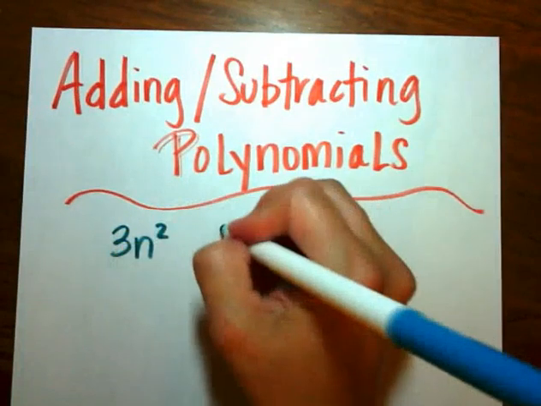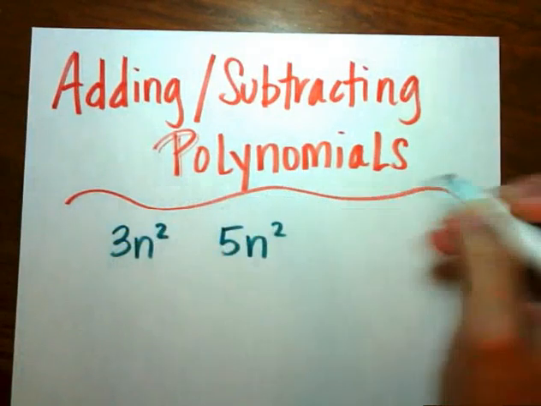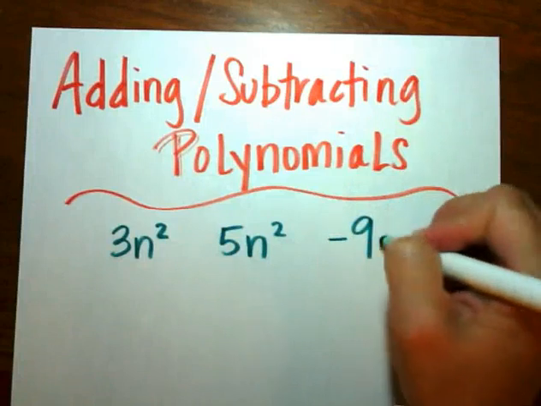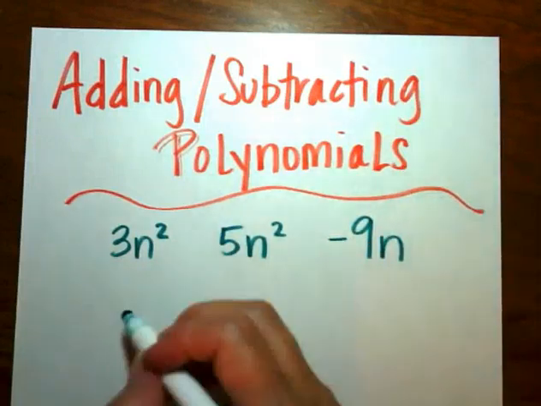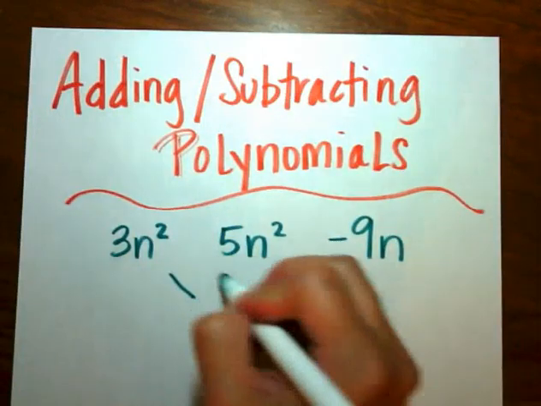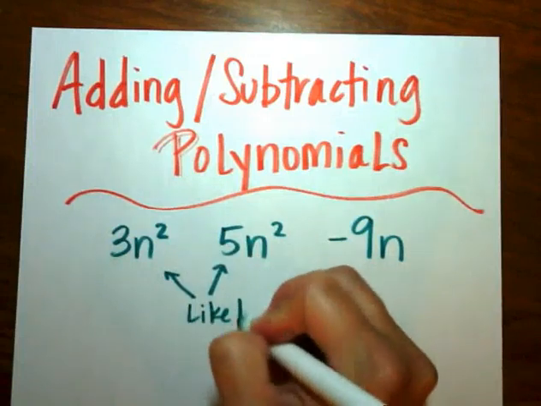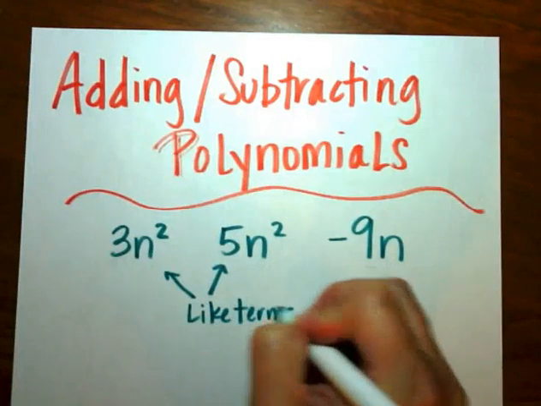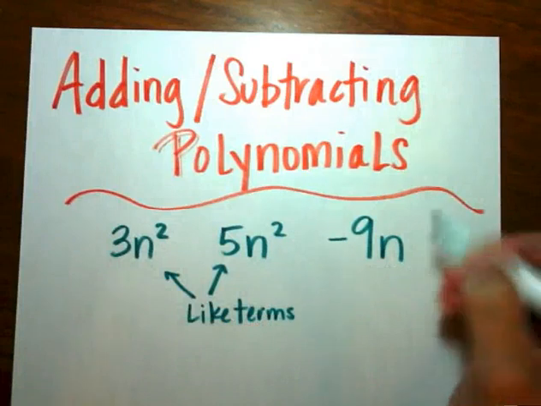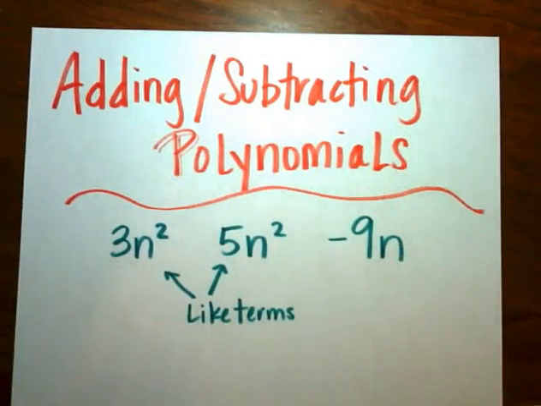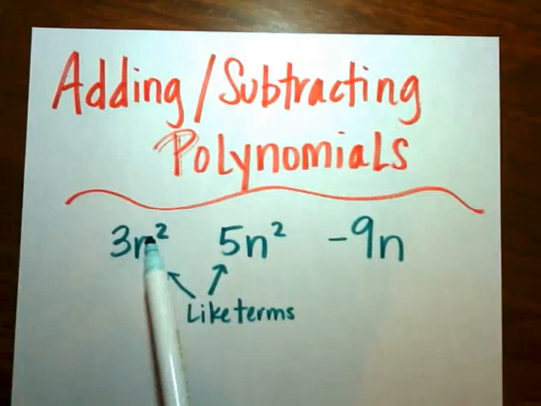3n squared, 5n squared, and negative 9n, those are not all like terms. Those two are like terms, but this one is not. And the reason is because once we know what n is, this is going to be n squared.